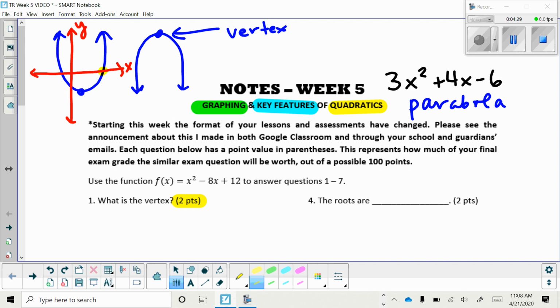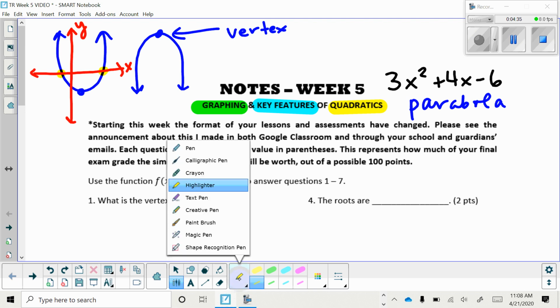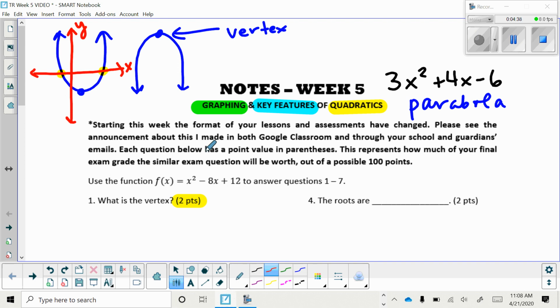It crosses it in 2 places, one here and one here. We call those several things. We can call them roots. We can call them x-intercepts. And sometimes we call them zeros, not heroes.